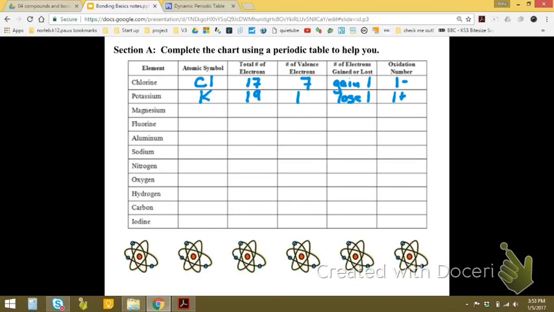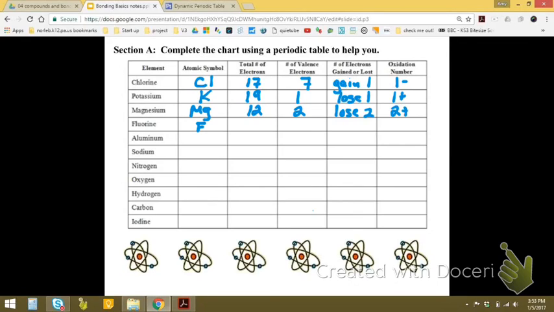Okay, moving on to magnesium. Chemical symbol is Mg. 12 total electrons. It has 2 valence electrons because it's in group 2. And therefore it's going to try and lose those 2 electrons to be full and happy. So it has a +2 oxidation number.